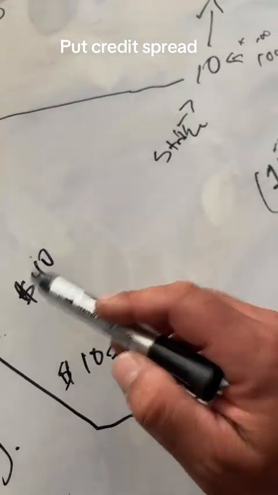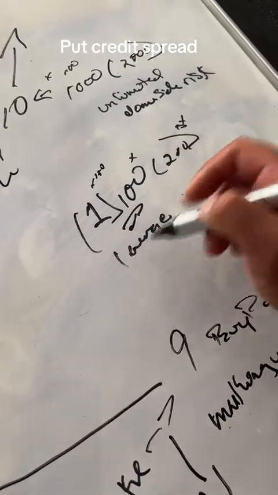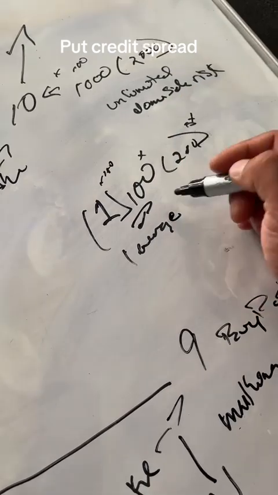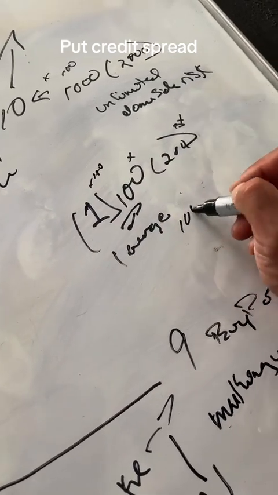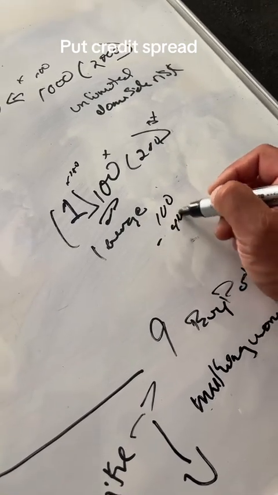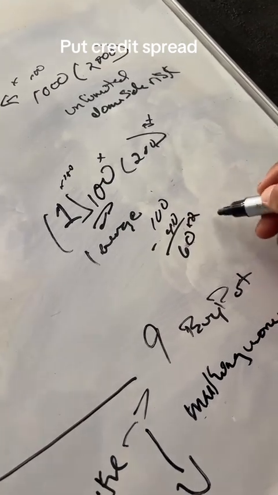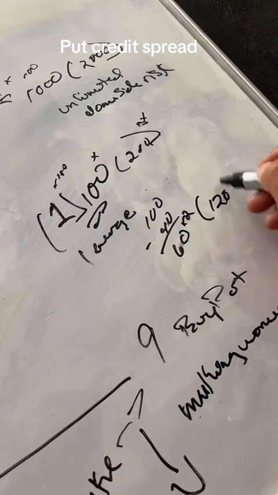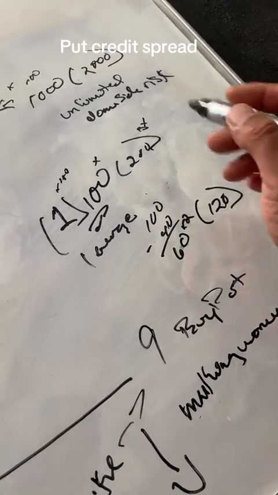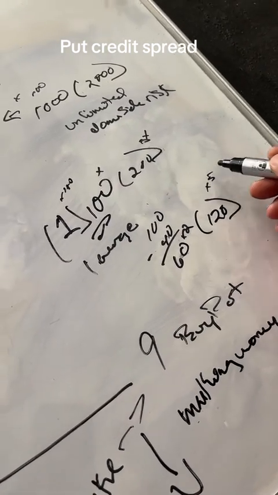And that 40 is going to get removed from your cost basis of 100. So technically, it's 100 minus 40 is 60 times 2, 120. Okay, we're still going to multiply this by 5.